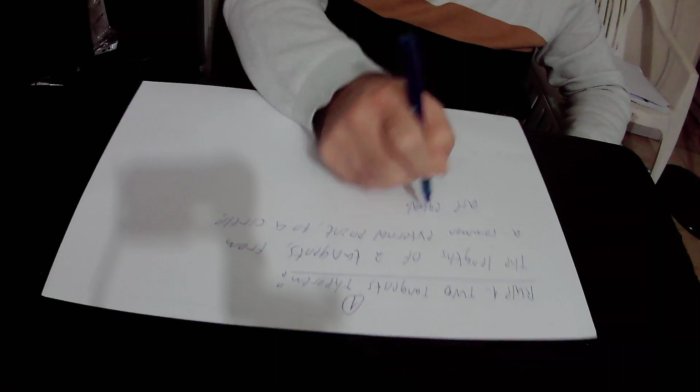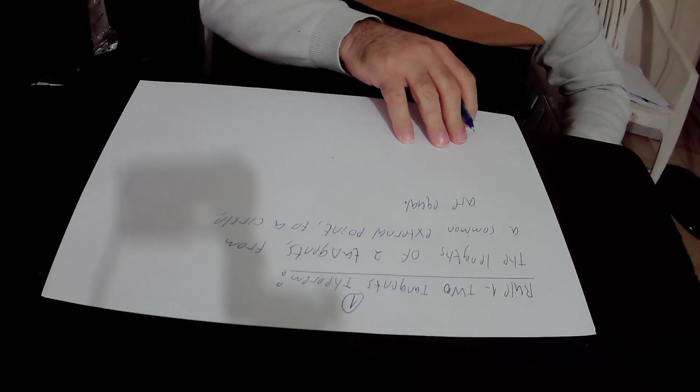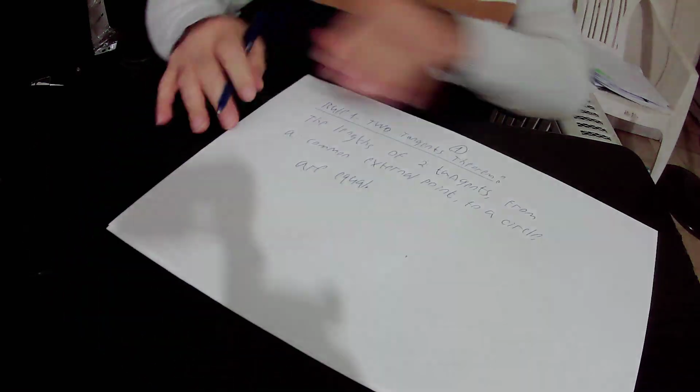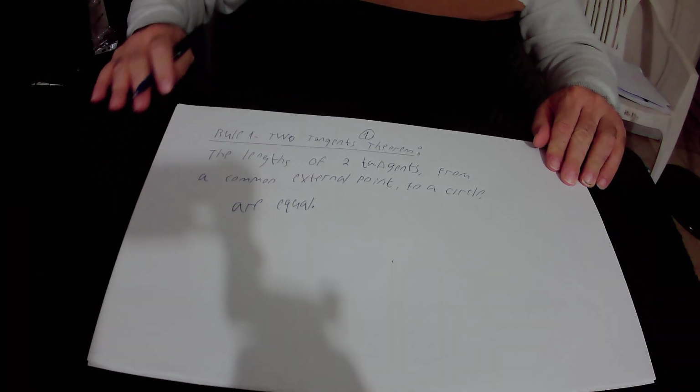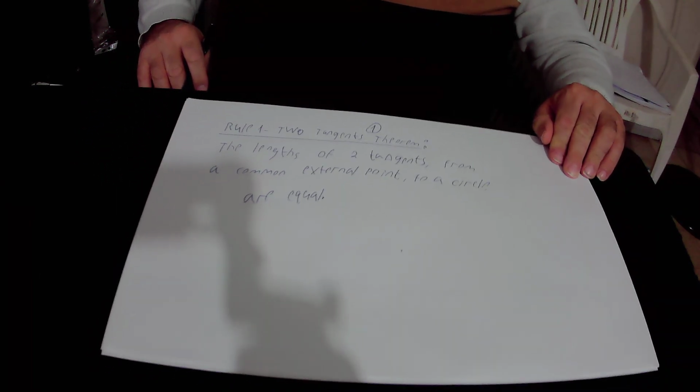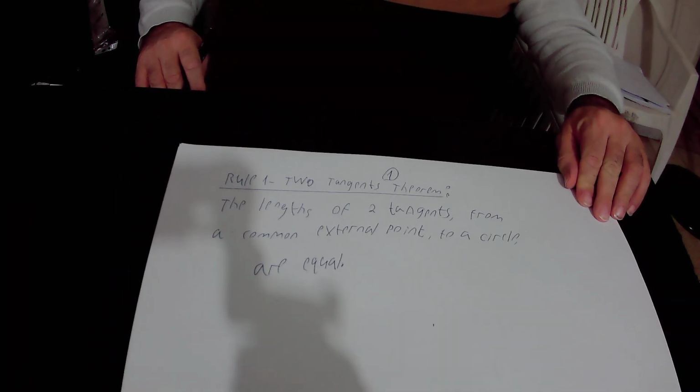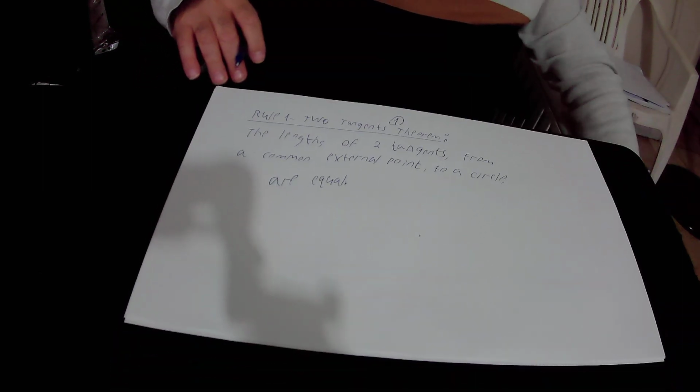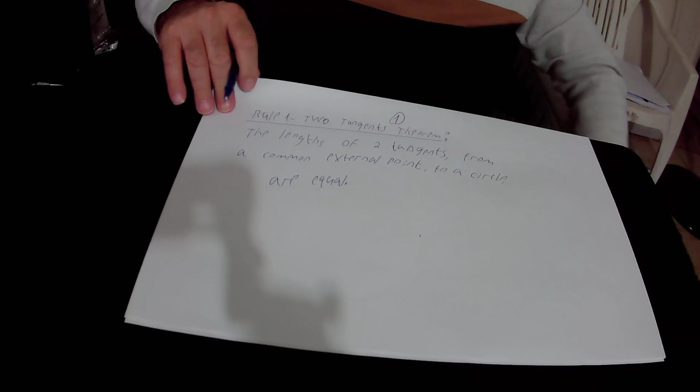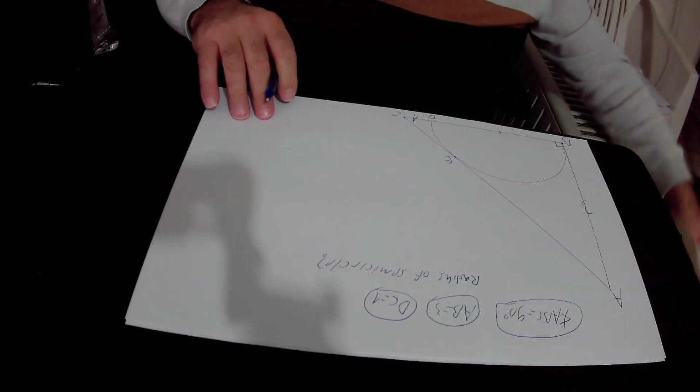So I will read rule number 1 again. Rule number 1 or two tangents theorem states that the lengths of two tangents from a common external point to a circle are equal. So what is the meaning of rule number 1?